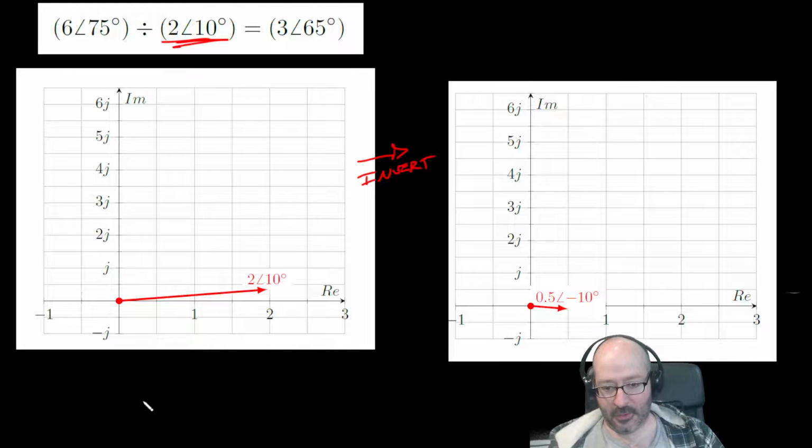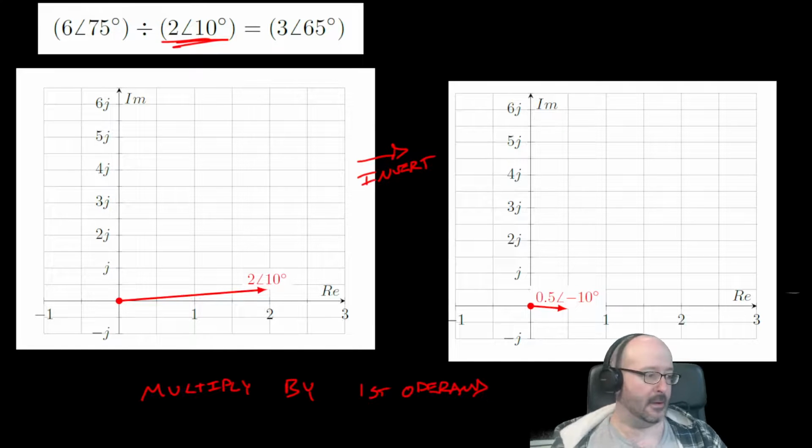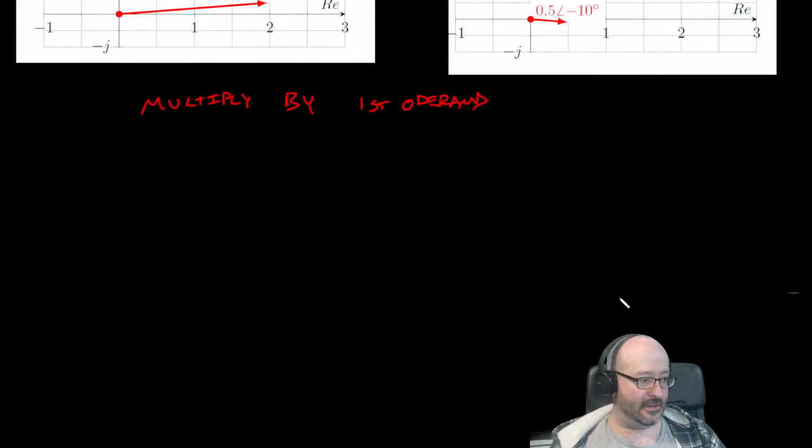Okay, and then we multiply by the first operand, which was 6 at an angle of 75. Okay, so let's see, grab this.